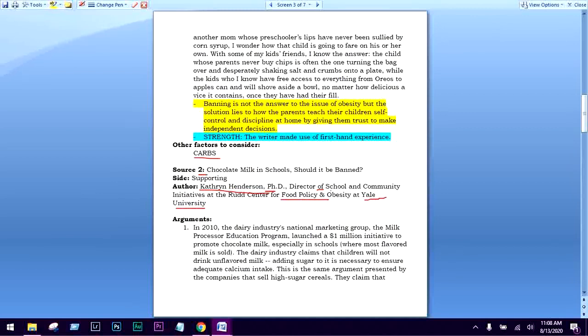That itself gives the writer of the second source more authority to talk about this subject matter. And what is her side? She's supporting the banning of chocolate milk in schools. So let's take a look at her arguments.